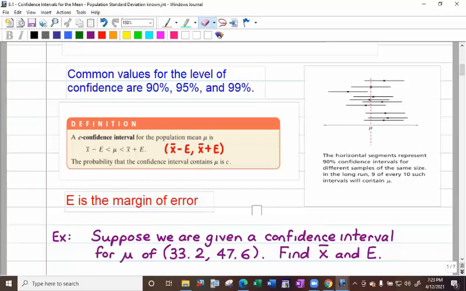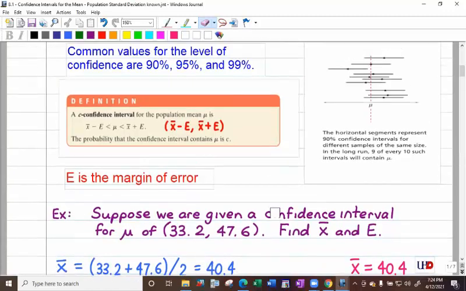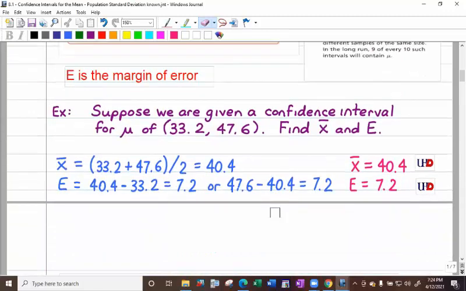You can. The sample mean is always right in the middle. So all you have to do is add the two numbers together and divide by 2. It's that easy. You add the numbers together and divide by 2.